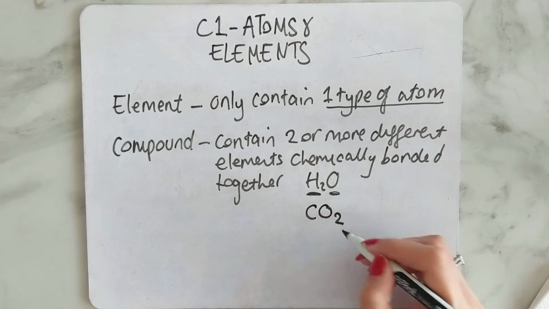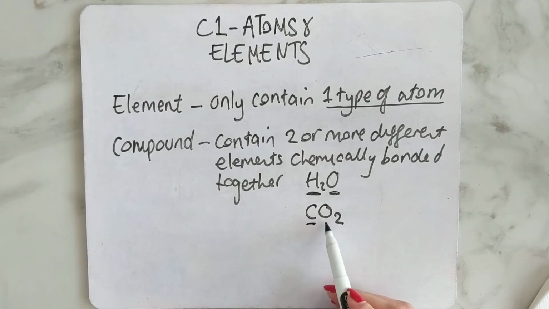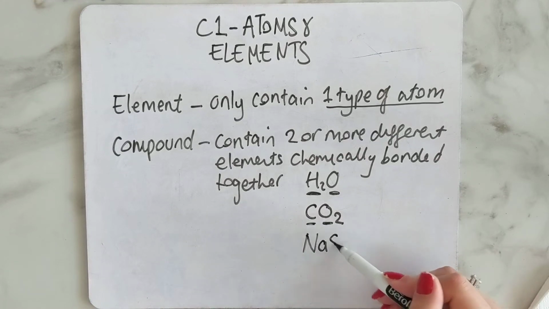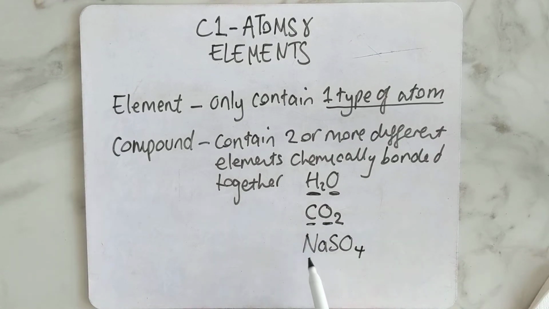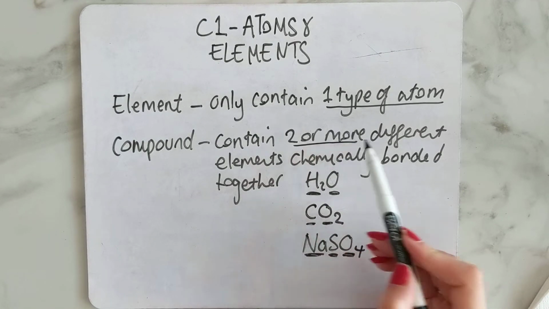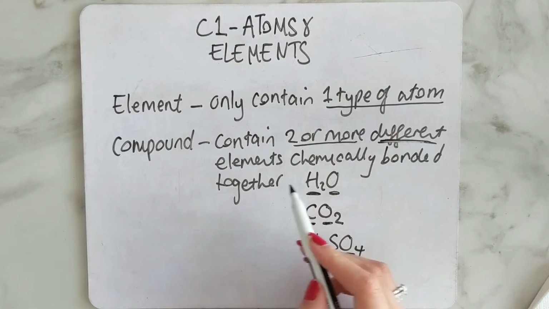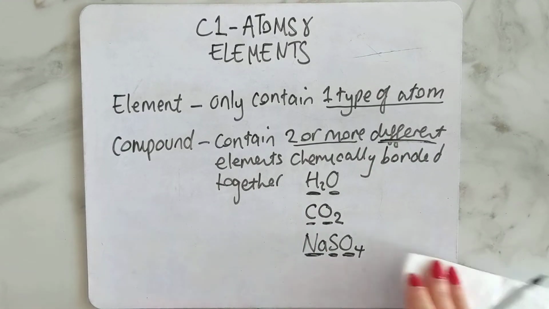Or with CO2, you've got carbon and you've got oxygen. They're 2 different elements chemically bonded together. Or we could do Na2SO4. You've got sodium, you've got sulfur, and you've got oxygen. That's 3 different elements chemically bonded together. And that's key. 2 or more different. Make sure you have that word written down. Different elements chemically bonded together.